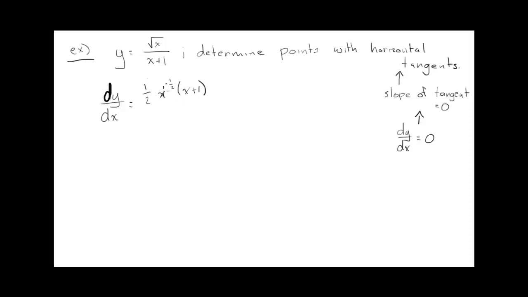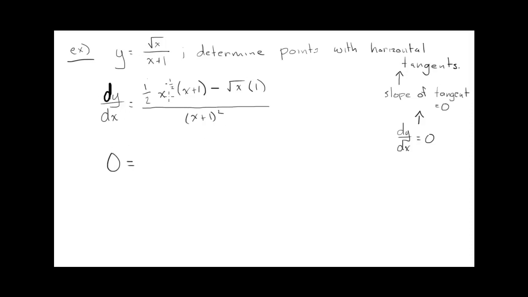So derivative of the top times the bottom, minus the top left alone times the derivative of the bottom, which would just be 1, all over (x plus 1) squared. So now we want to let this equal 0, so dy/dx is equal to 0.